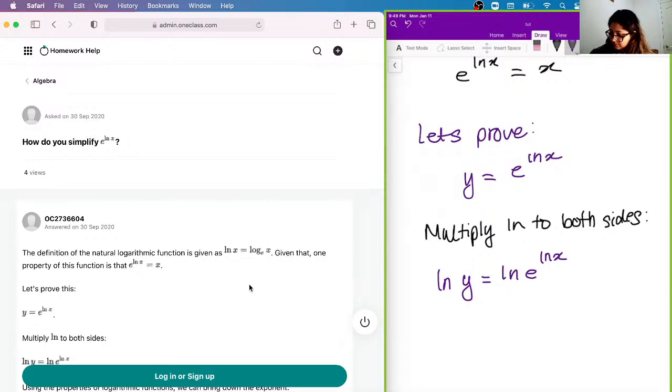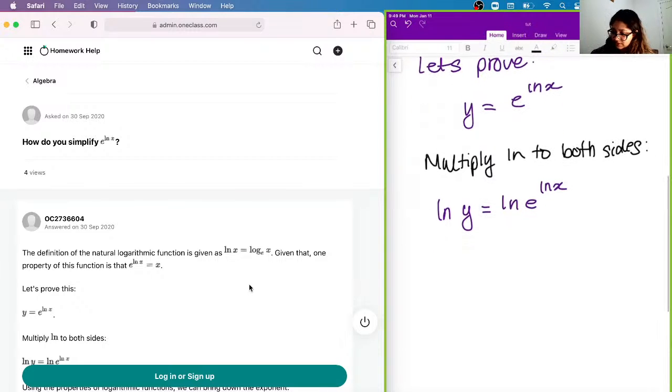And so using the properties of logarithm functions, we can bring down the exponents. So what we get is ln of y is equal to ln of x times ln of e. So we just brought ln of x down.